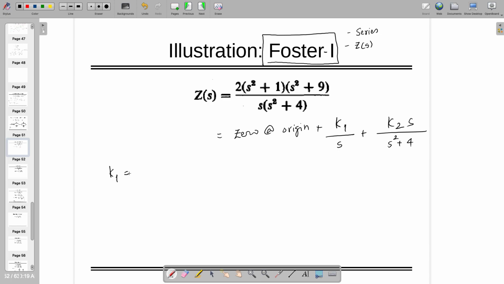Yeah, Gaurav, are you following, or somebody who does not follow? Akshat, are you following till now? So k1 is equal to s times Z of s, where s equal to 0. I am doing the 0 at origin at last.